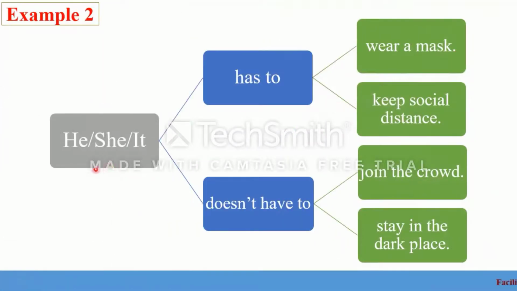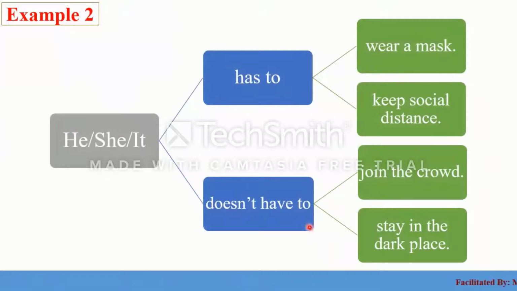So the most important thing is that we use he, she, it with has to and doesn't have to. Just be clear about this one. So we can say, she has to keep social distance. And with doesn't have to: he doesn't have to join the crowd. She doesn't have to join the crowd, or it doesn't have to join the crowd.